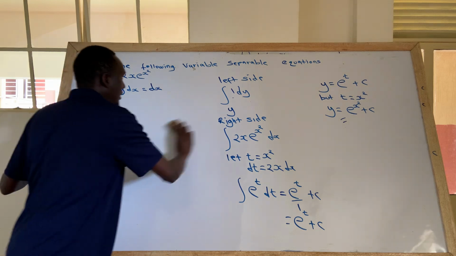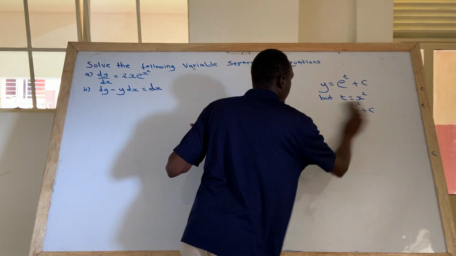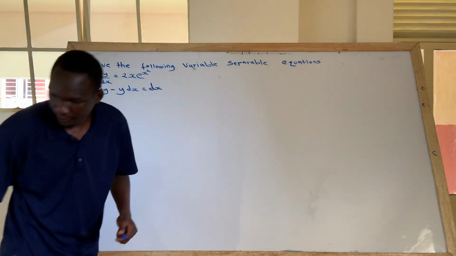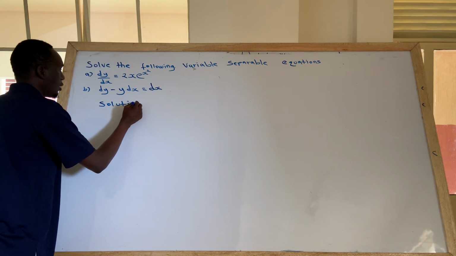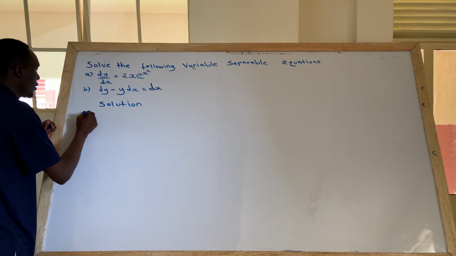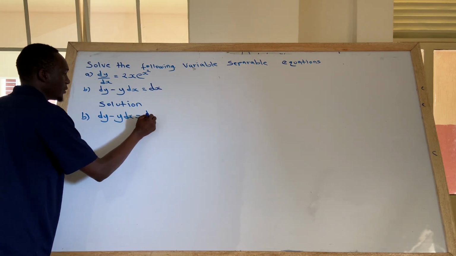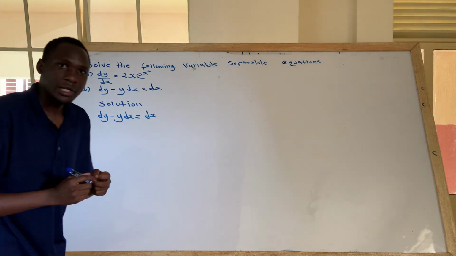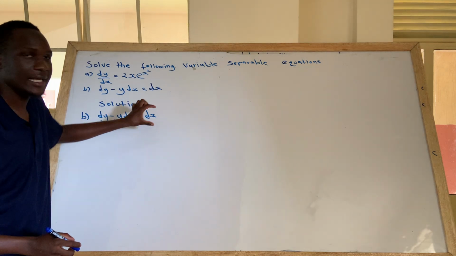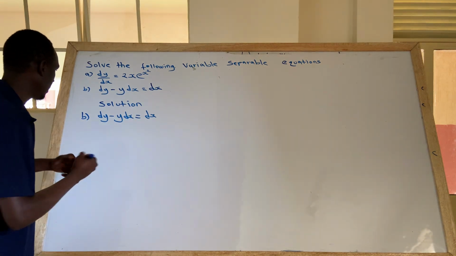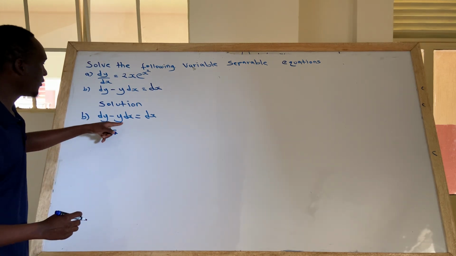Let's solve part B. Part B, solution. We have dy minus y dx is equal to dx. Now our first step: we have dy equal to negative y dx.